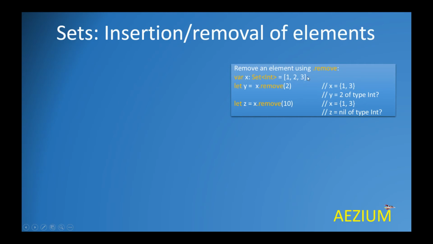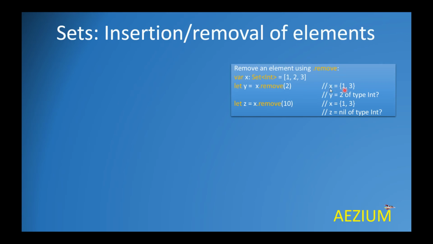We could also remove elements of a set by using the keyword remove. So here we have a variable x, which is of type set of integers. Then we wish to remove one of its elements, 2 here. So we use this structure, x.remove, inside brackets the value of 2. The outcome of this would be the set of x with the value of 2 removed.